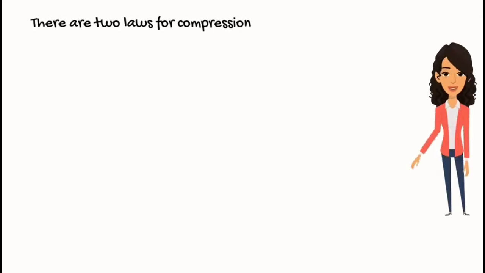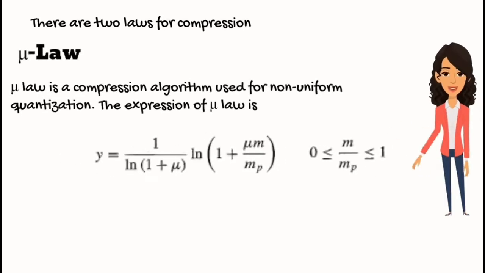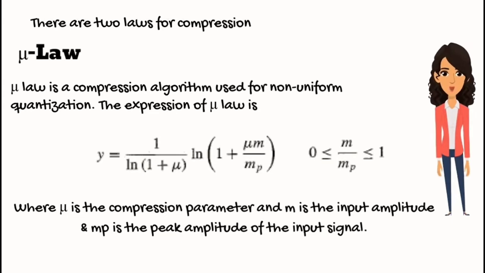There are two laws for compression. First one is mu law. Mu law is a compression algorithm used for non-uniform quantization. The expression of mu law is y equals 1 by ln of (1 plus mu) into ln of (1 plus mu m by mp), where m by mp lies between 0 to 1, where mu is the compression parameter, m is the input amplitude and mp is the peak amplitude of the input signal.